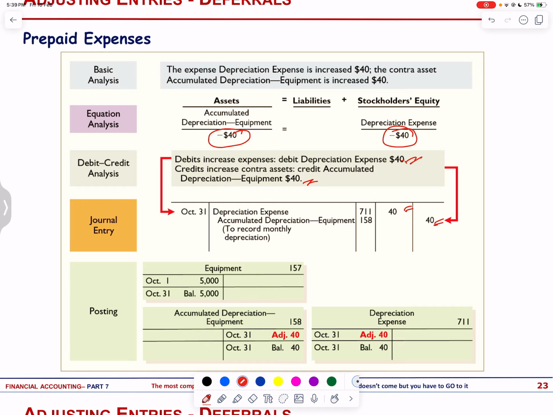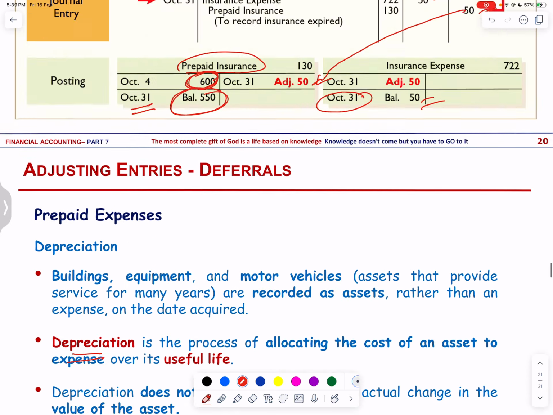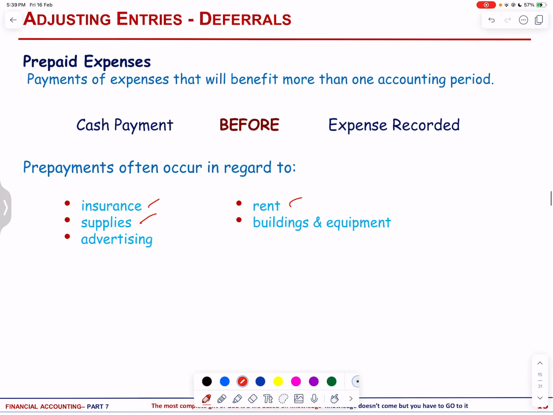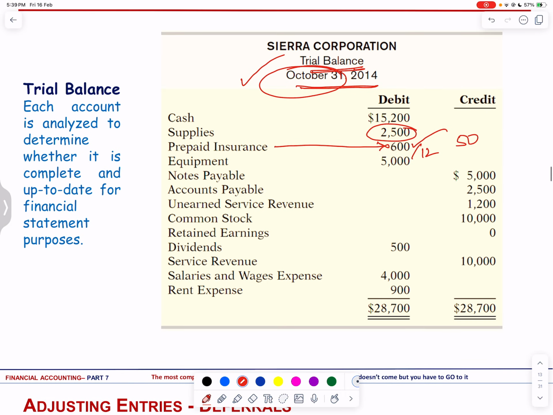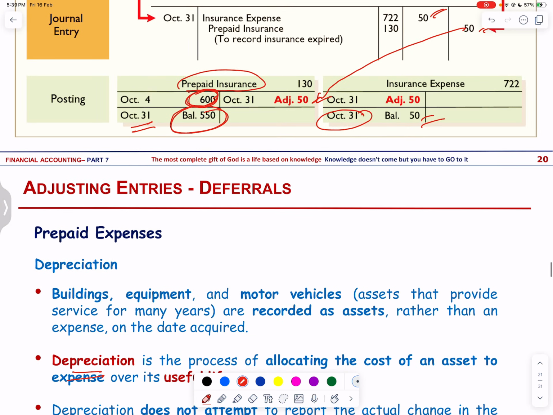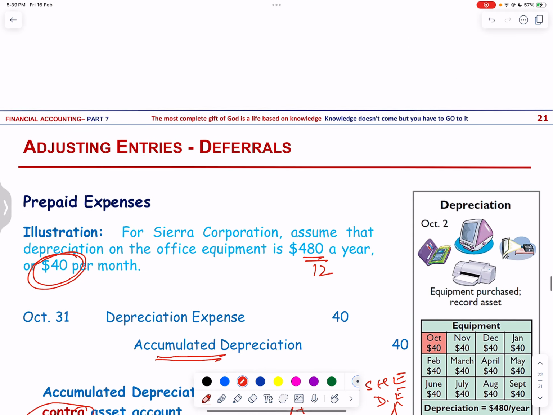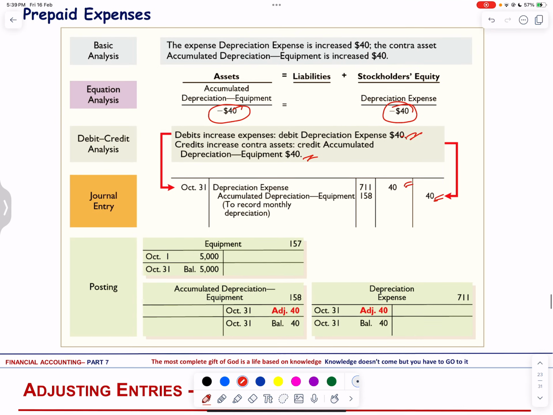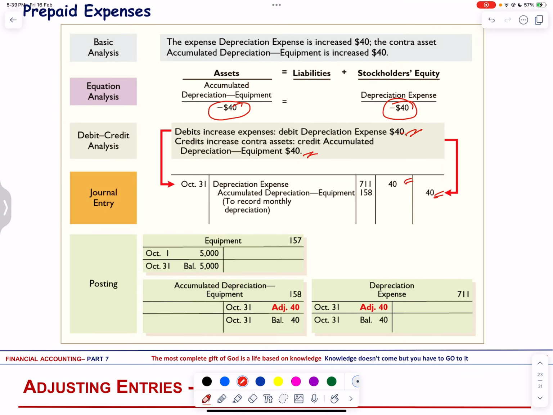Now I would like to show you the trial balance. Equipment is 5,000 and this remains 5,000. So when we open the equipment account, the equipment account on 31st of October still remains the same.